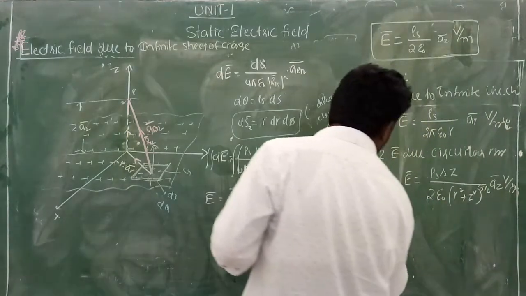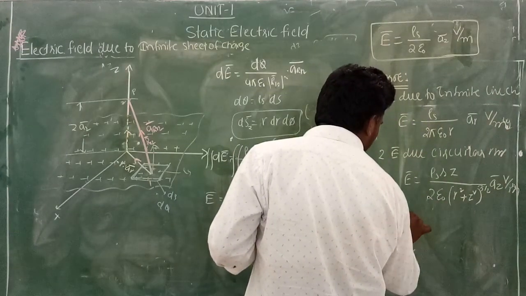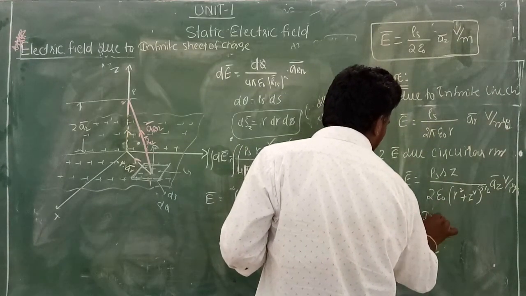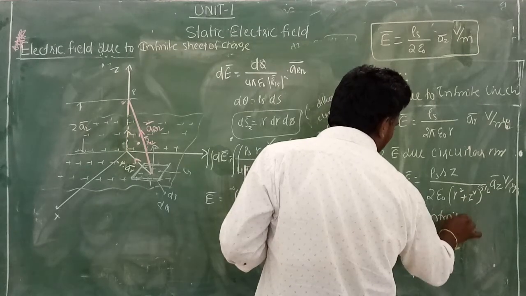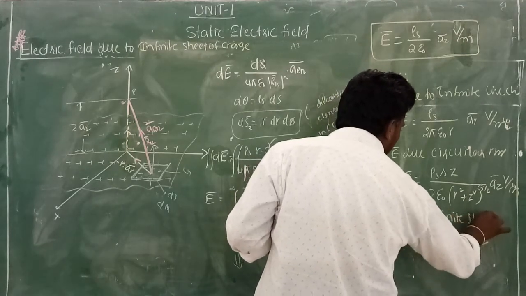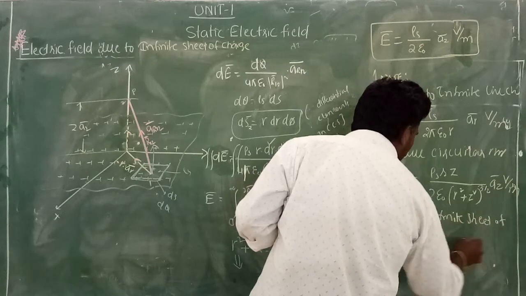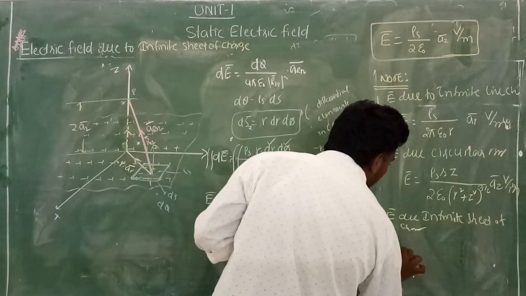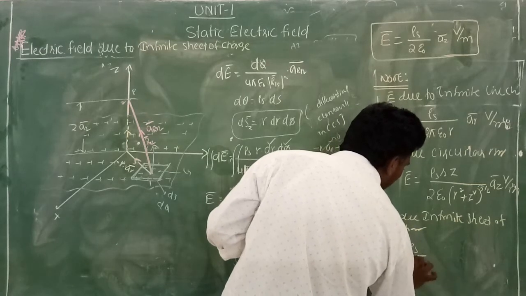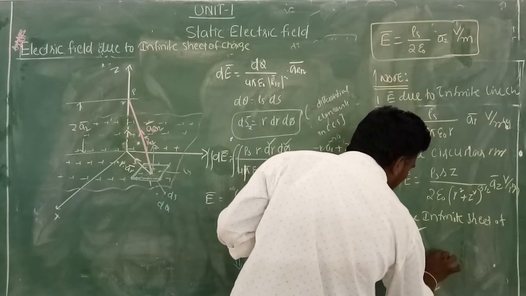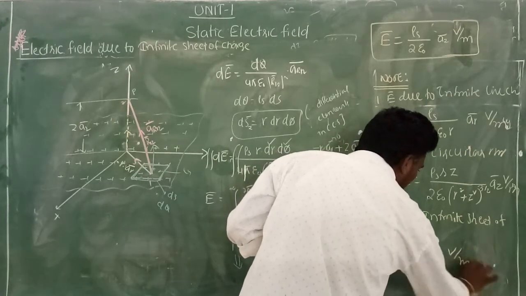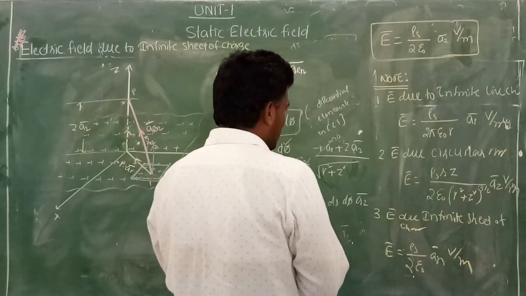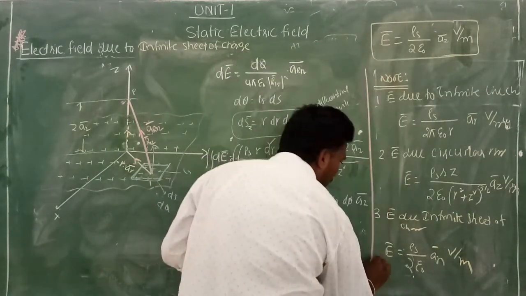Last one is E bar due to an infinite sheet of charge. That is E bar equal to rho s by 2 epsilon naught an bar volt per meter. So these are very important formulas.